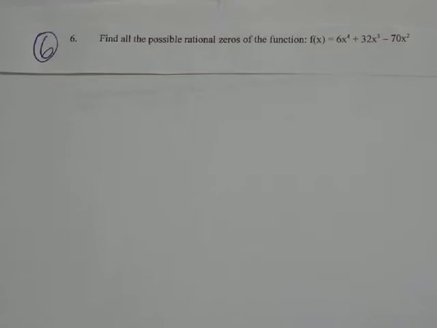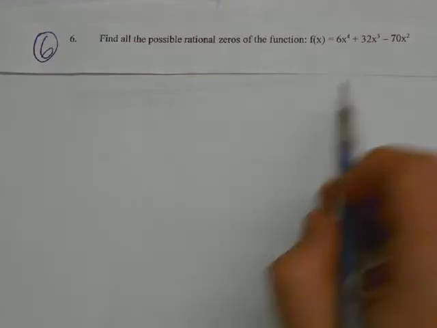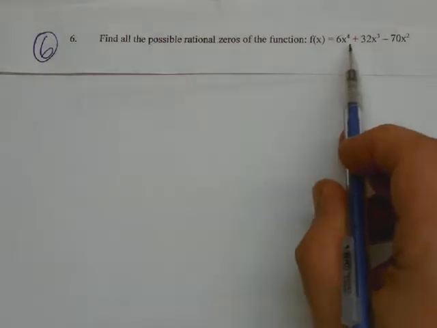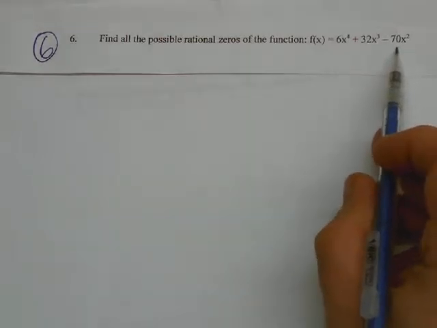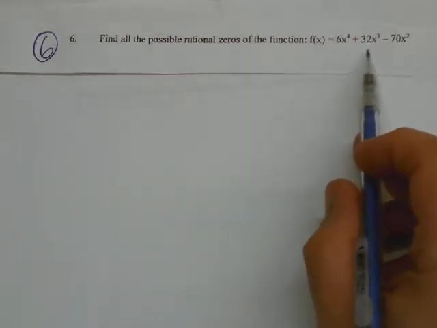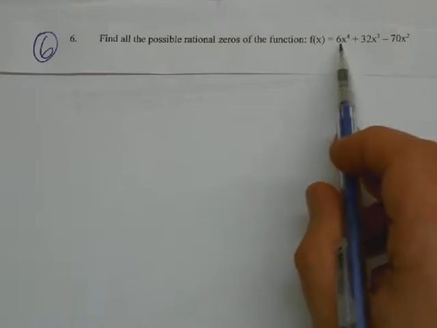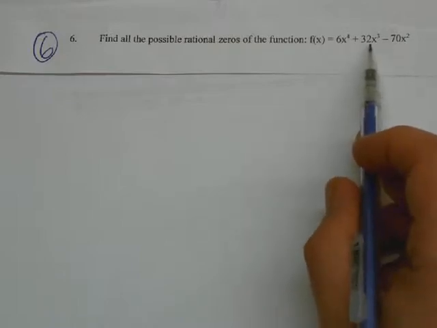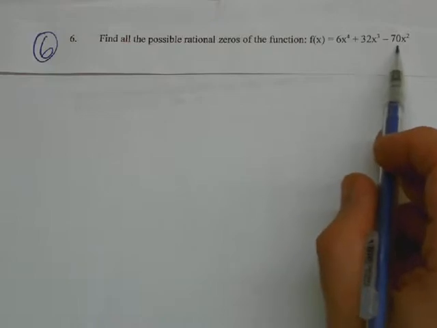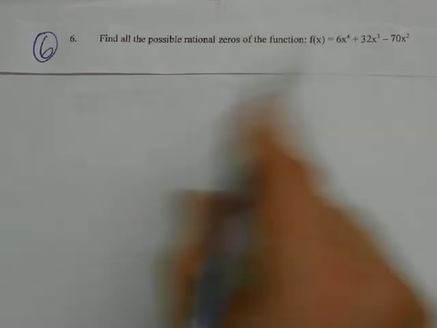Okay, number 6, find all the possible rational zeros of the function. Well, notice that all these have a common factor. Before we use the rational roots theorem, we need to make sure that we've fully factored it out. Now notice that 2 goes into 6, 32, and 70, and they all have 2 factors of x.